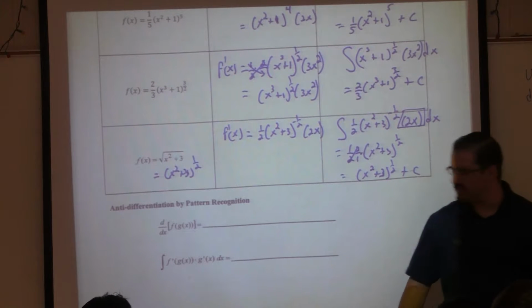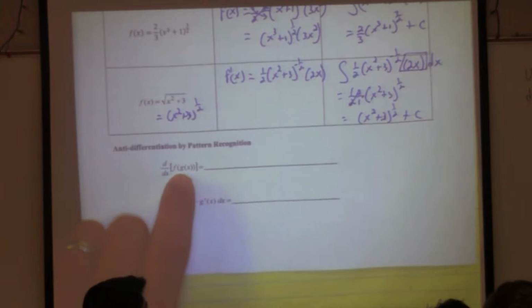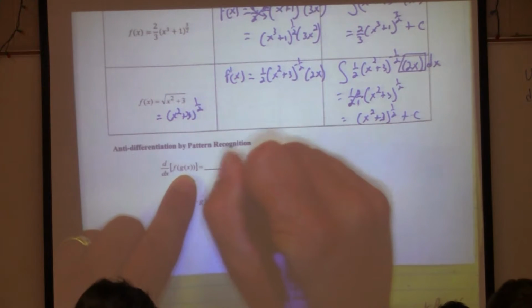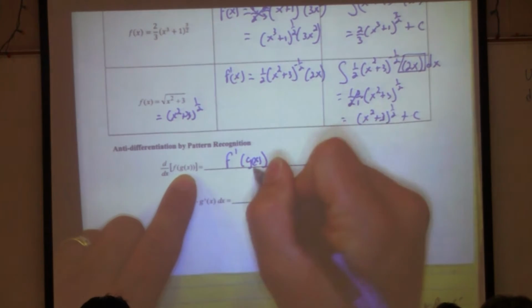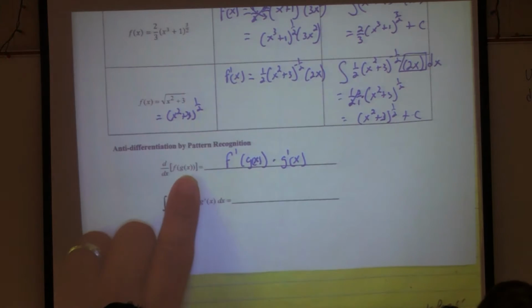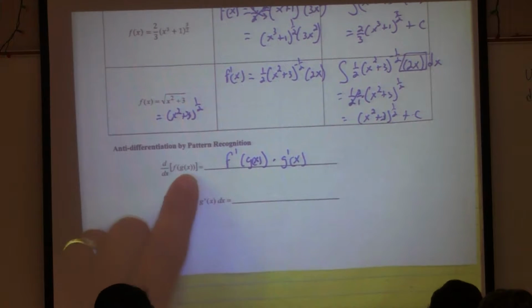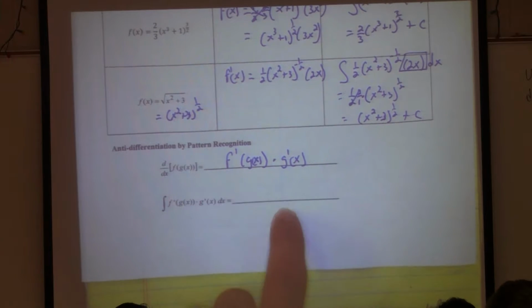So that's anti-differentiation by pattern recognition, okay? We know that if I get the derivative of the composition of these functions, the derivative would be f prime of g of x times g prime of x. And if I integrate that derivative, what should my answer be?